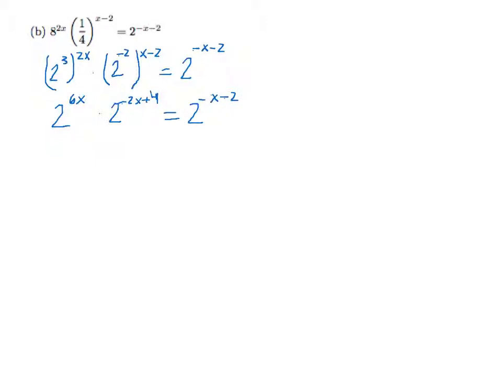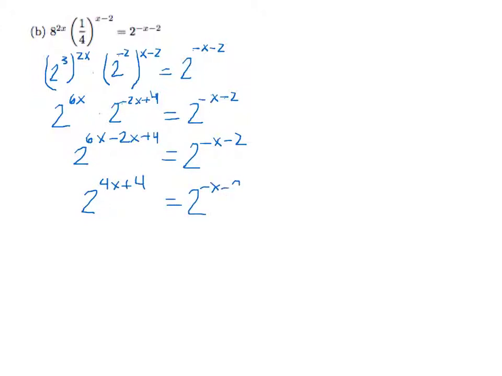And when you multiply the bases on the left, we have to add the exponents. So combining, we have 2 to the 6x plus a negative 2x plus 4 equals 2 to the negative x minus 2. And 6x minus 2x is 4x, plus 4, equals 2 to the negative x minus 2.